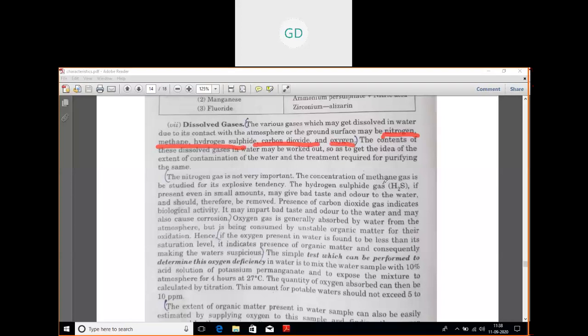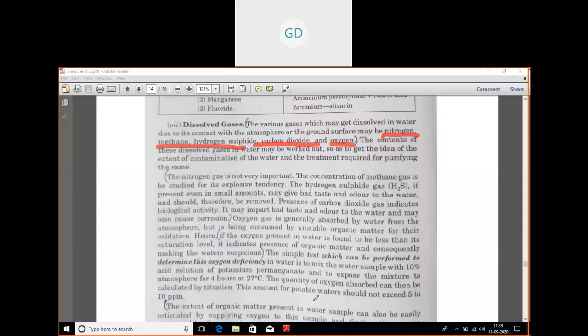All these gases get dissolved in water due to its interaction with the atmosphere or the ground surface.